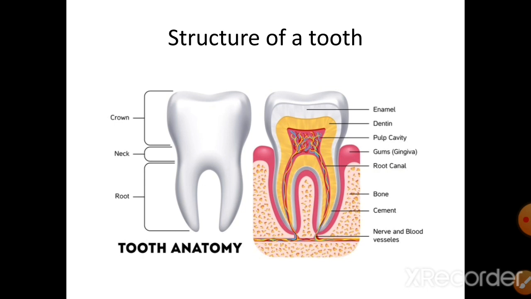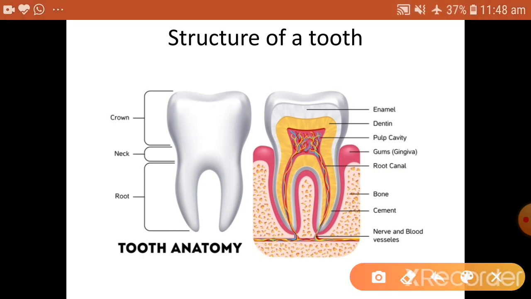If you open your mouth and see, you just see this crown part, isn't it? You do not see the root because it is inside the gums. The part of the teeth which you see is the crown. Then you have a neck. In between the root and the crown you have a neck region, and this root is embedded inside the gums.